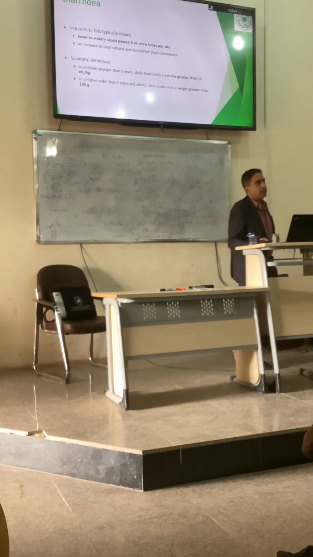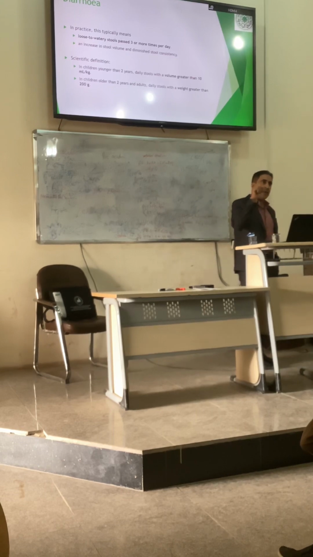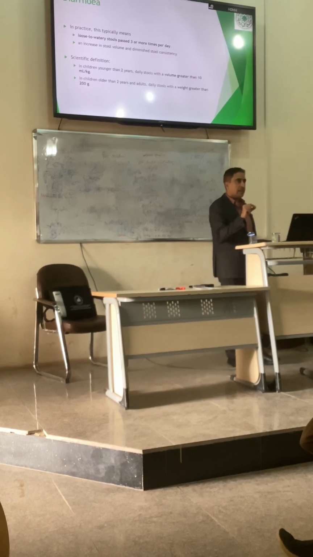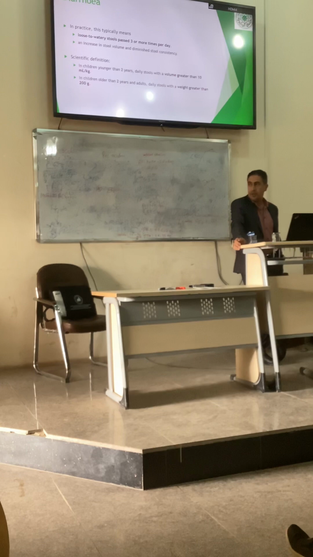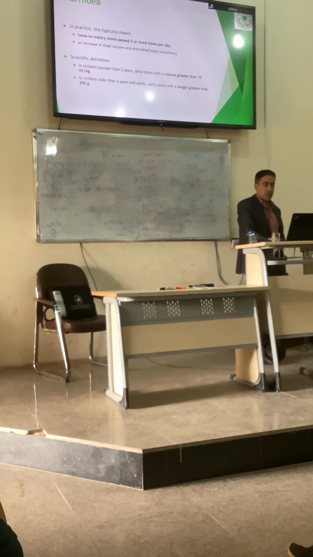In children, because it is difficult to know from consistency and frequency whether this patient has diarrhea or not, they put a scientific definition, which should be more than 10 ml per kg. While in an adult or a child above 2 years, the stool weight has to be more than 200 grams in order to say diarrhea.